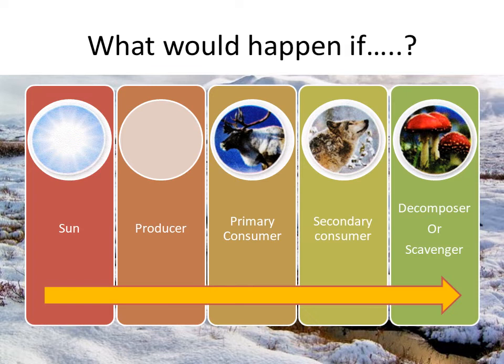What do you think will happen to this food chain? Can the caribou get the food it needs? No, because it's an herbivore, it's a primary consumer, and it has no food anymore. So, what happens to it?